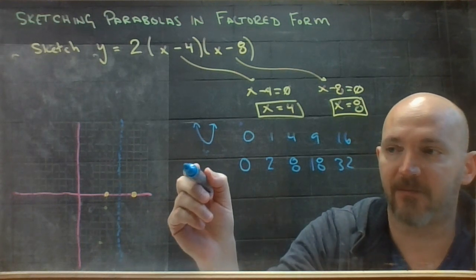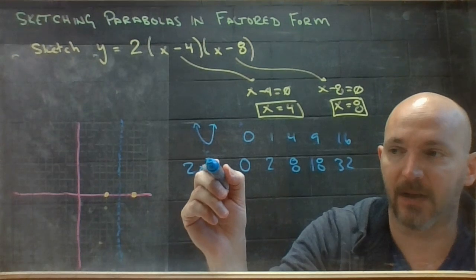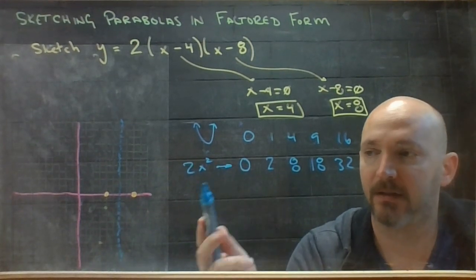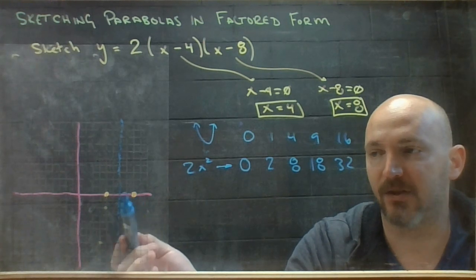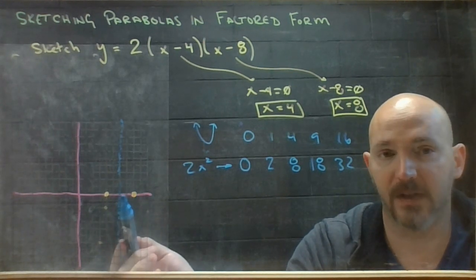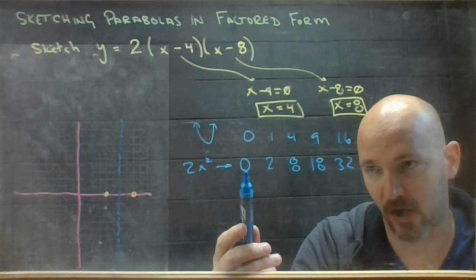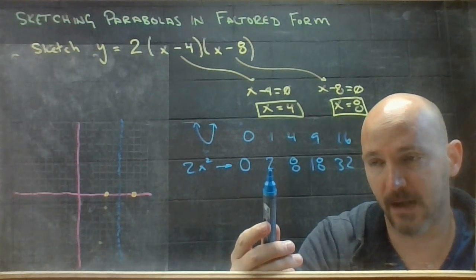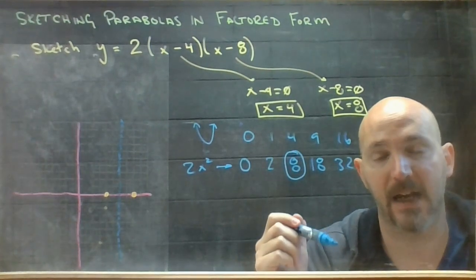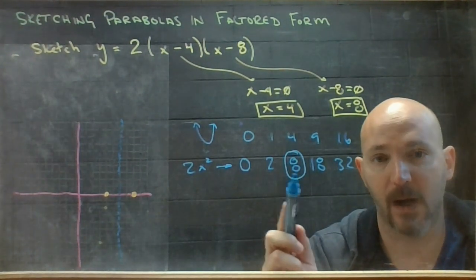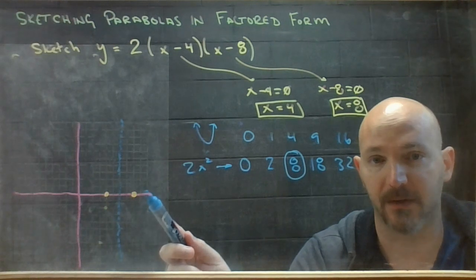So now that I have my double x squared pattern, that's these, I look at my dots. I see that this is 2 steps away from the vertex. So that is on the vertex, 1 step out, 2 steps out from the vertex. I need my count line to be 8 squares below this x-intercept.